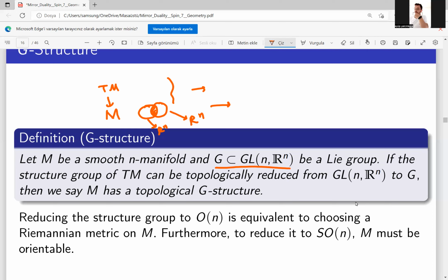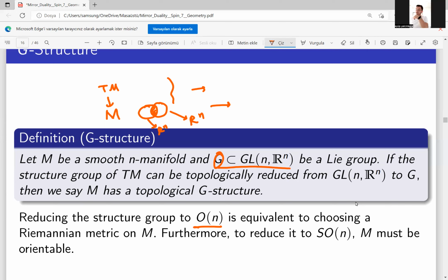I mean, if you choose the specific G, so what's that? If your structural group is On, you can define the Riemannian metric, but if G is smaller than On, this means SOn, and you can construct the orientable Riemannian metric.